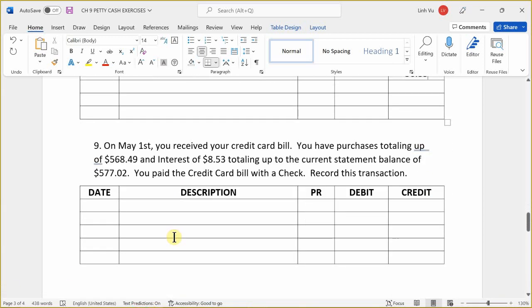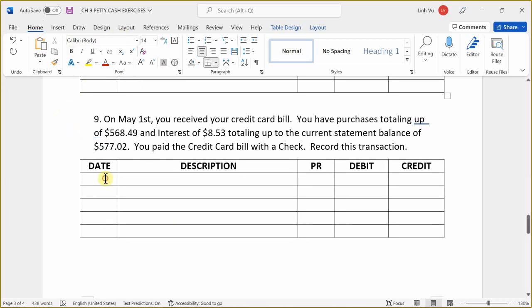All right, number 9. On May 1st, you end up receiving your credit card bill, and of course, you have total purchases of $568.49 and an interest of $8.53, totaling up to a statement balance of $577.02. You paid the credit card bill with a check. Record this transaction.